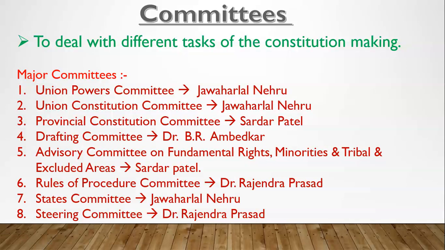The Advisory Committee on Fundamental Rights, Minorities and Tribal and Excluded Areas, what was their work? Their work was to decide which fundamental rights should be given to the citizens of India, and what should be the provisions in the constitution regarding minority people, tribal people, backward people.